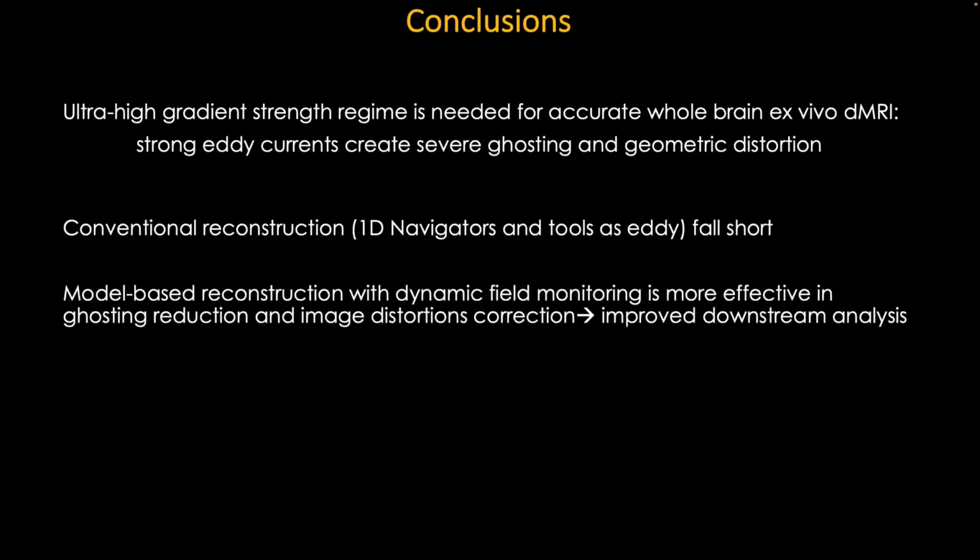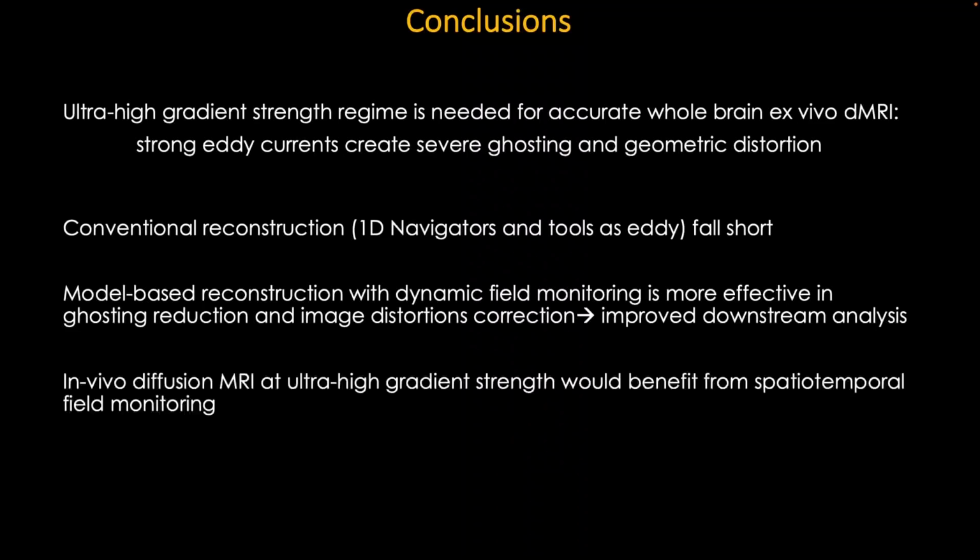They fall short, and model-based reconstruction approaches, like the one we presented here, where we measure the spatiotemporal variation of the main magnetic field and solve the reconstruction problem as a phase-informed inverse Fourier problem, lead to much better reconstructed images, ghosting free, that lead to improved downstream analysis, and also images with less distortion and less blurring at high resolution.